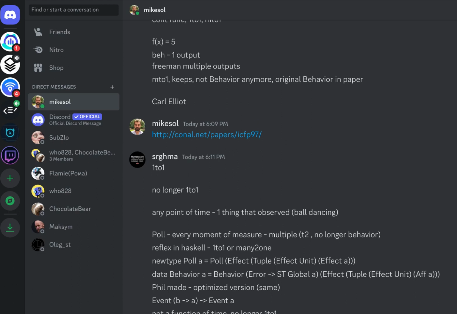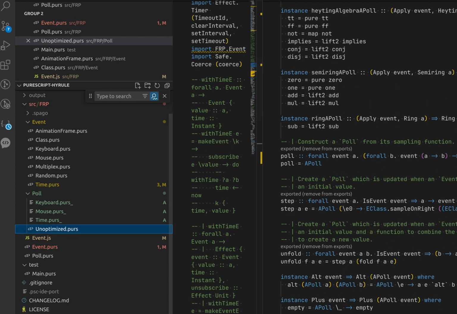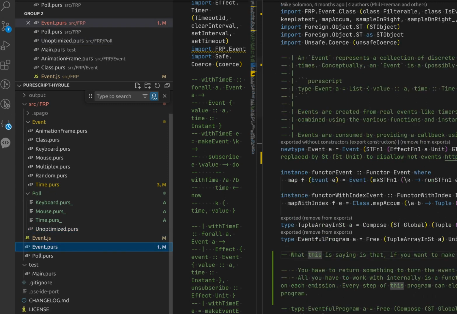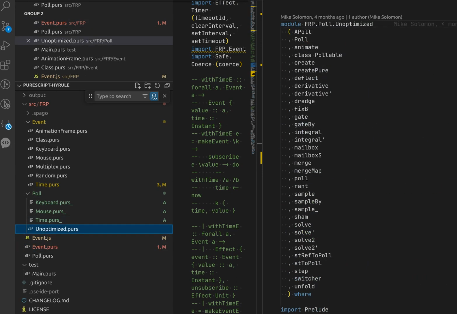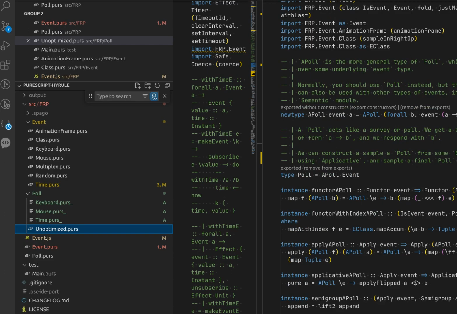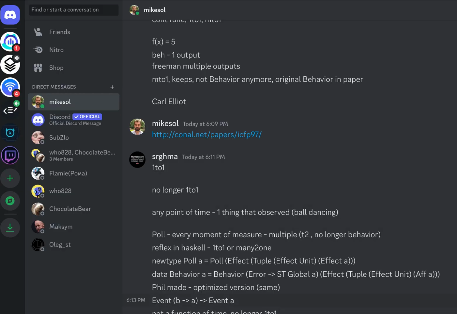Exactly, because of course, you need a B to get an A, for the same reason that in Yoneda you need a B to get an A, meaning that in order to actually produce an A value, you need a B. But that said, because you can have an empty event, you don't ever need to emit a B to get an empty event. You can just return the empty event. So it's these sorts of things that make Phil's definition break the original contract.